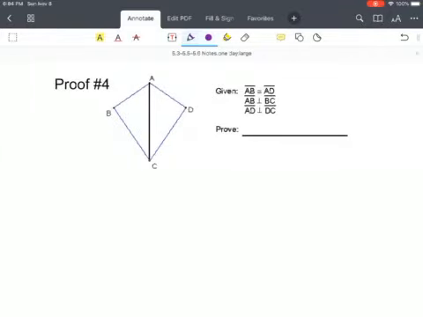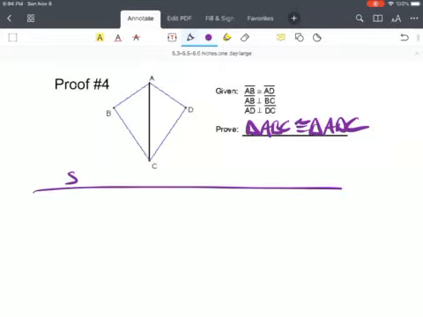For proof number 4, we're going to prove triangle ABC is congruent to triangle ADC. Let's start with our first given. Let's do this as a 2-column.